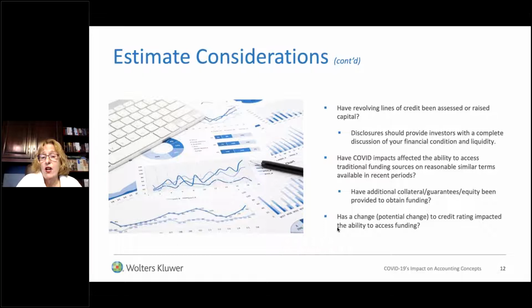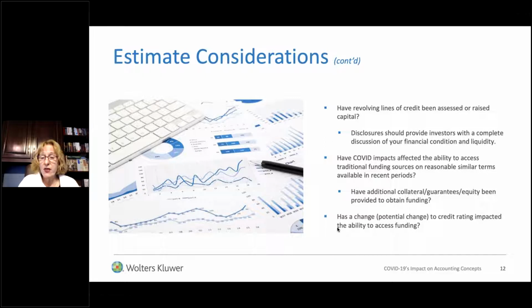Also, another question: have COVID impacts affected the ability to access traditional funding that you've had on reasonable or similar terms in recent periods? You may have some traditional funding sources that you've used in the past, and that could be banks or affiliates that you work with continually.